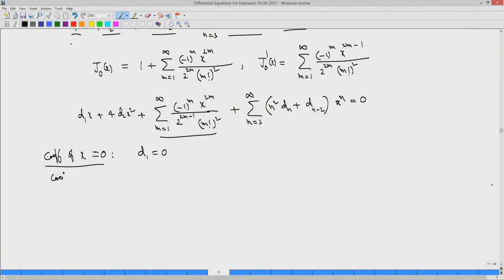The coefficient of x squared equal to 0: what is the coefficient of x squared? It is 4 d2, and here m equal to 1 corresponds to minus 1 times 2 over m factorial squared, which is simply minus a half, plus 0 from the other term. So this gives d2 equal to 1 by 8.